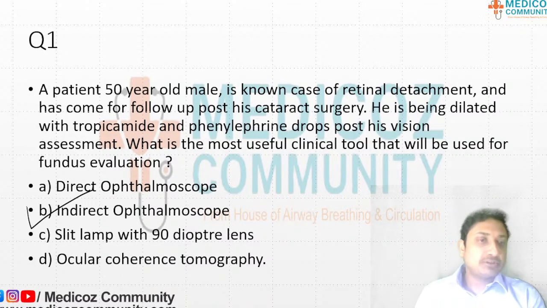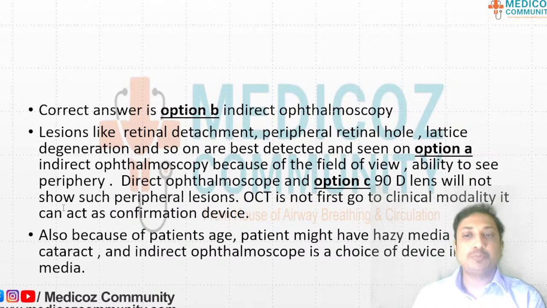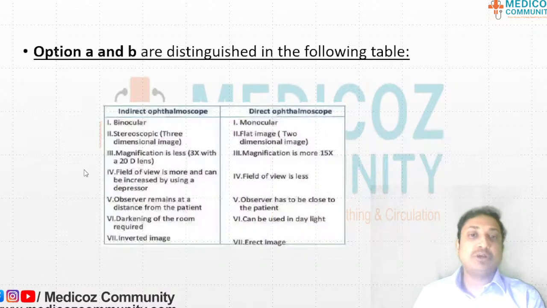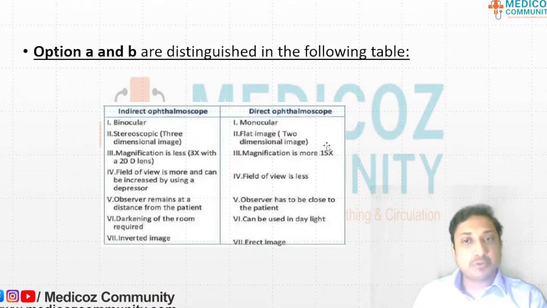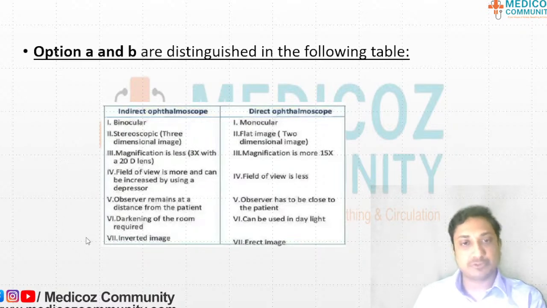What you should know in this question is indirect ophthalmoscope is a device which gives you a maximum area to be seen so that fundus examination could be better. There'll be less magnification as compared to direct ophthalmoscope. There can be multiple questions asked based on these things to differentiate direct and indirect ophthalmoscope and its optics. While we get an inverted image in indirect ophthalmoscope, we get an erect image in the direct ophthalmoscope.